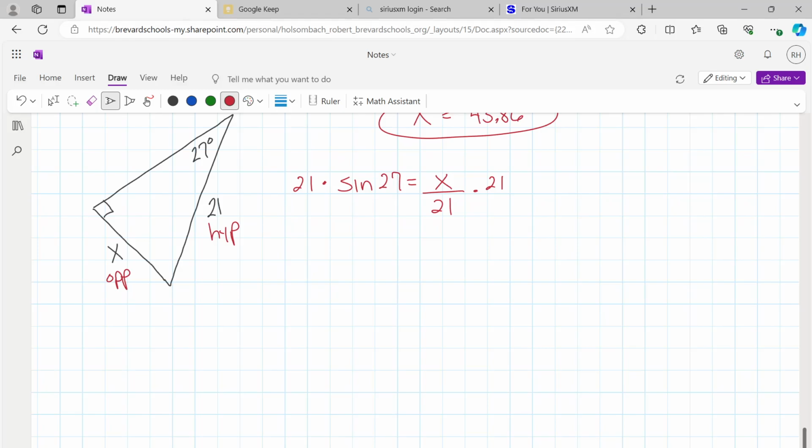On the left-hand side, you type 21 times 27 sine equals, I get 9.53. On the right-hand side of this equation, the 21s cancel, and the variable comes down. So the length of that side is 9.53.